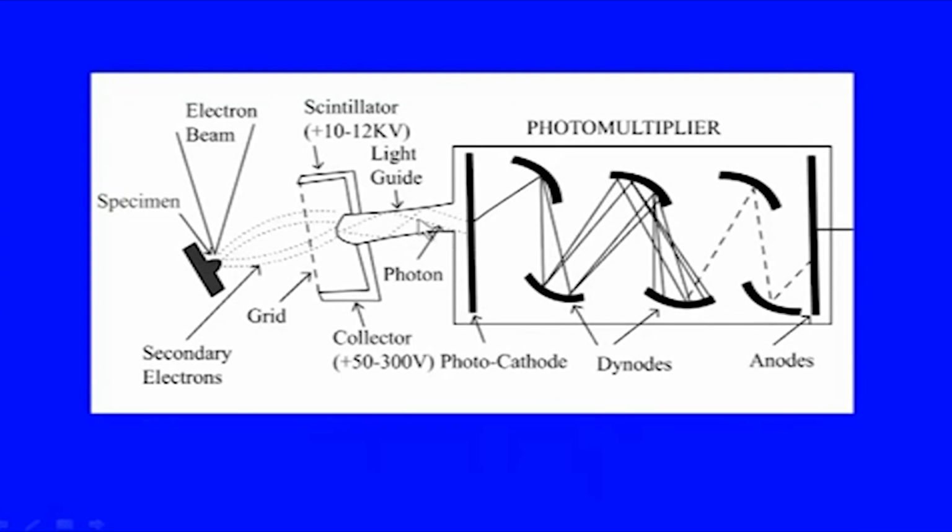In the photomultiplier, photons are converted to photoelectrons, and through the photocathode, diodes and anodes, these photoelectrons are directed towards the anode and amplified many fold, so that the signal can be clearly seen on the cathode ray tube. So, this is how the secondary electron detector works. All right. So, this was about the optics of the scanning electron microscope, and one of the detectors we have discussed, that is the secondary electron detector.